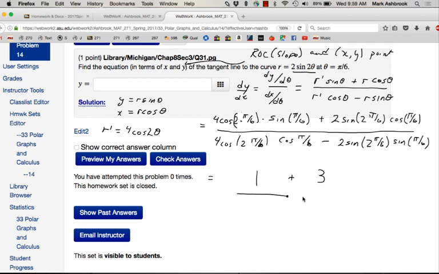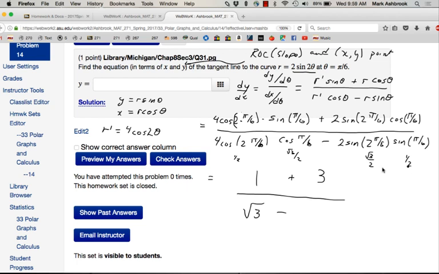Okay, now down the bottom. 4 times 1/2 times radical 3 over 2, which is radical 3. This is 1/2. This is radical 3 over 2. So 2, 2, and 4 go away. Left with radical 3, that's right. And then minus 2 times sine of pi over 3 is radical 3 over 2. Sine of pi over 6 is 1/2.